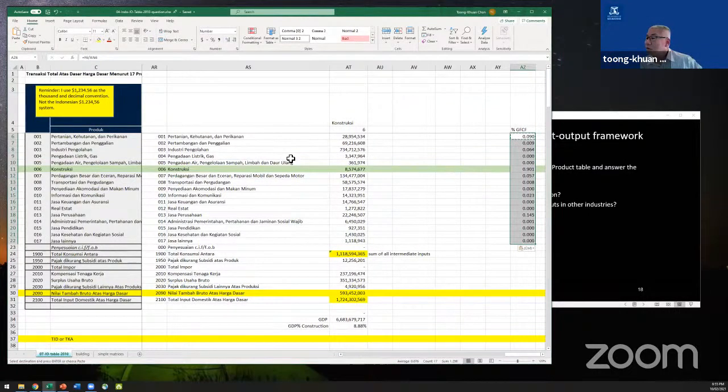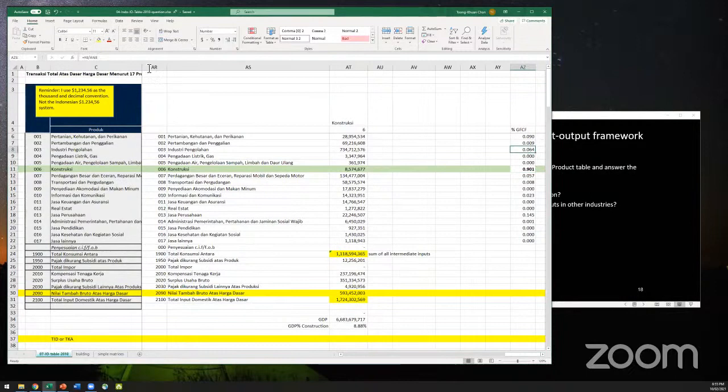Pertanian is not good. So everything else is also small. Everything else is small except construction, 90%. Manufacturing is 6%. And jasa perusahaan, business services, is 14%.